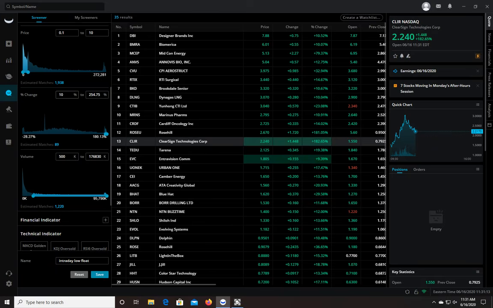And I just happen to have the percent change set a little higher, so I'm not wasting time looking at stocks that aren't really moving. In the pre-market, they may not move quite as much, but during the day they should be moving. If you're a day trader or a scalper, you want to trade stocks that move.